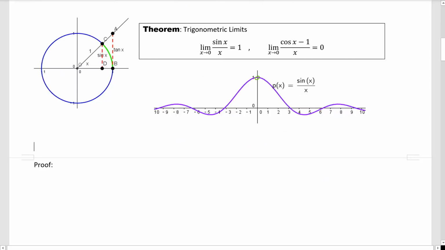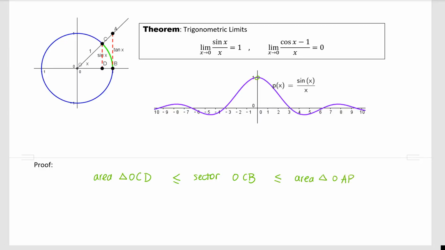So we can see the area of triangle OCD is smaller than or equal to the sector OCB, and it's less than or equal to the area of the triangle OAB.